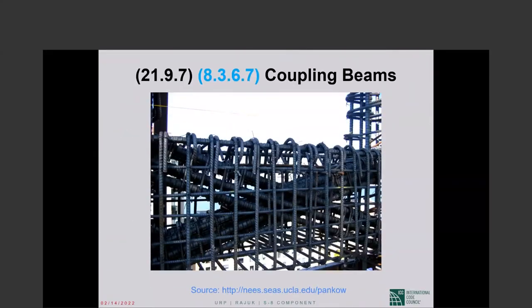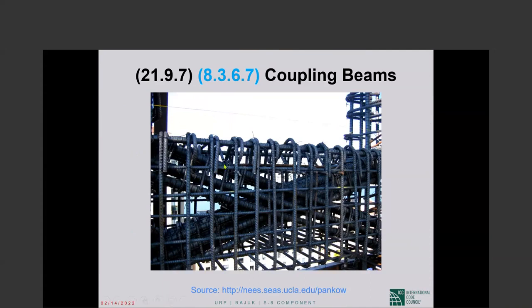Then I have 3 pictures from John Wallace of the University of California, Los Angeles, that I think are very, very nice pictures. The diagonal reinforcement and the cage for the coupling beam itself.